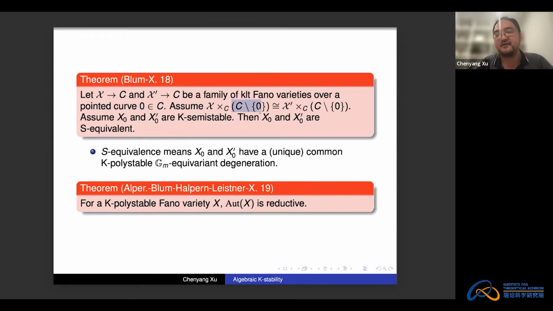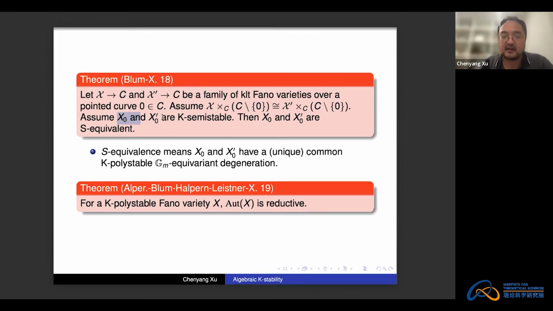Of course, as I said, for general Fano varieties, this is not true. So you have to pose some stability condition. The stability condition you can pose is that the two special fibers are K-semistable.